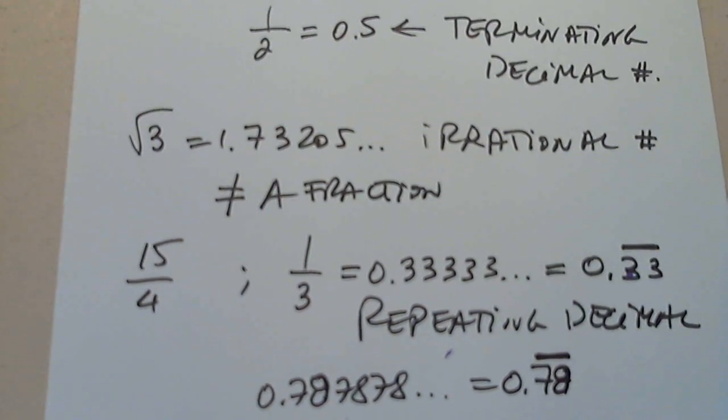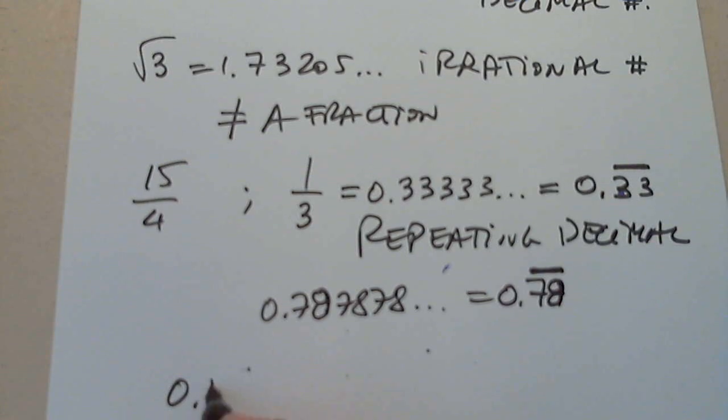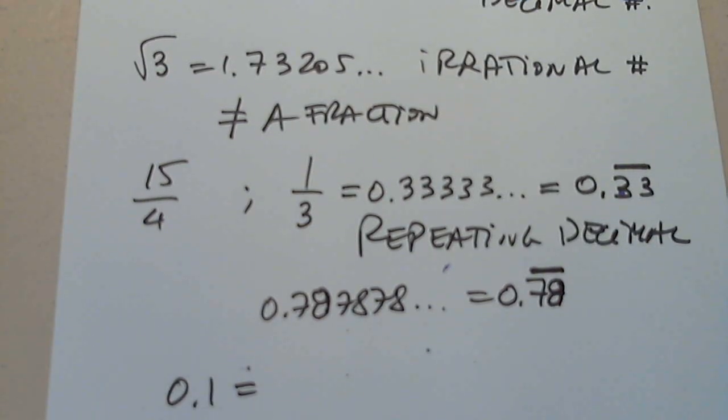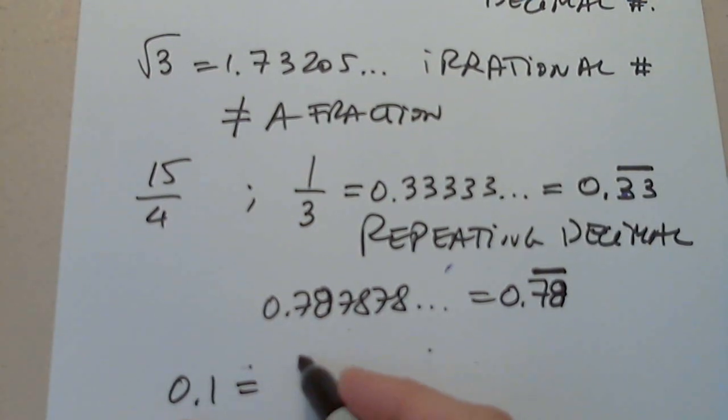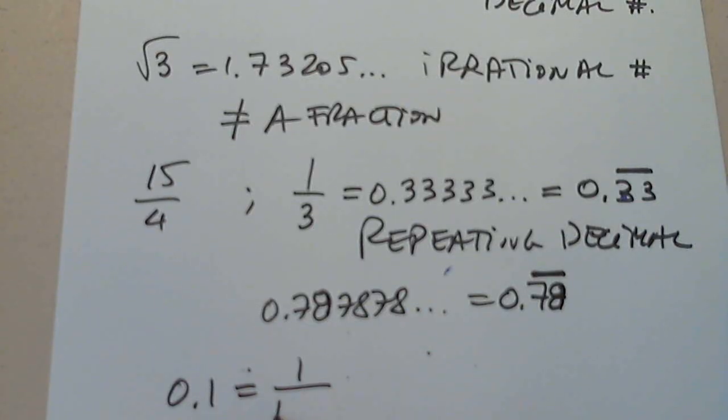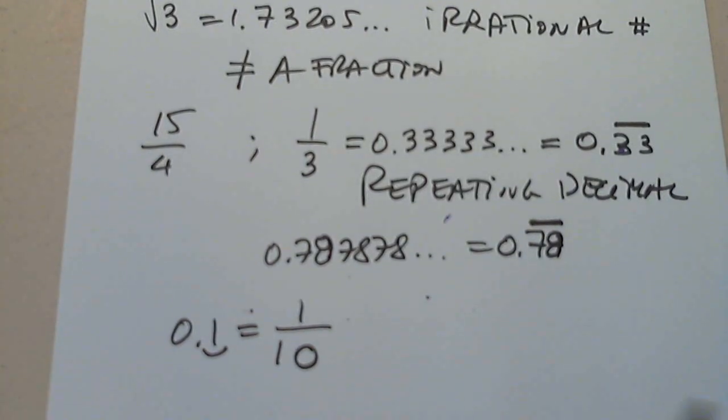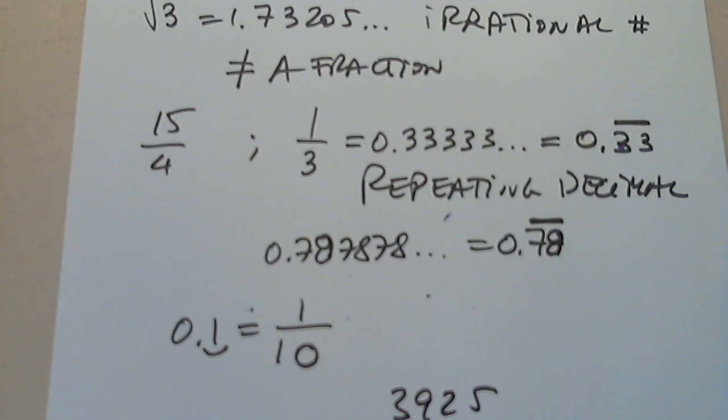How do I change a decimal number, like for example 0.1, into a fraction? I put 1 at the top, and the number of zeros that follow the 1 is given by the number of decimal digits. If I have 0.3925, I have 3925, and I have 4 zeros, a zero for each decimal digit.